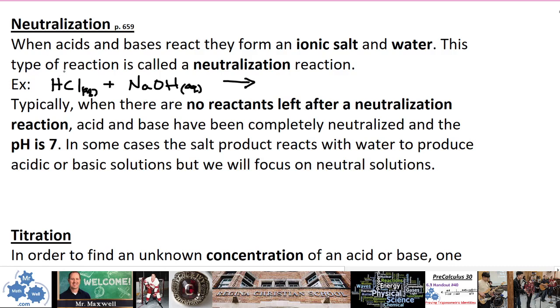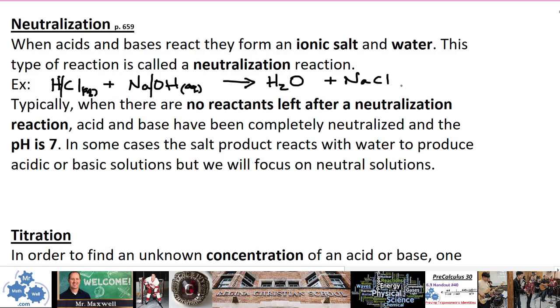So it's going to get rid of the H, and that H is actually going to connect with the OH to make water. So it's like a special double replacement reaction, right? So the H is going to go with the OH to make H2O, and guess what? The sodium is going to go with the Cl to make sodium chloride.